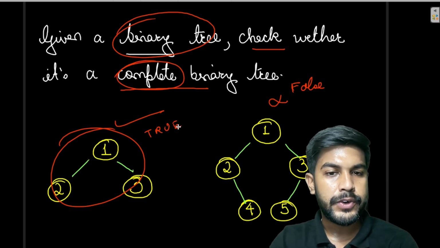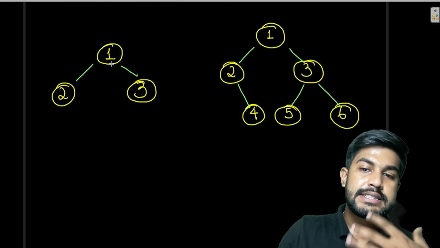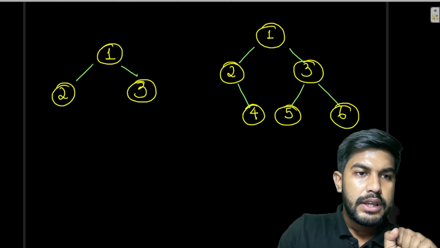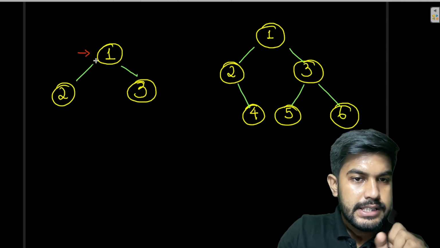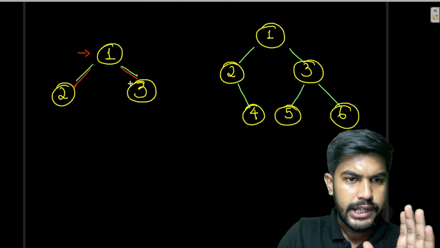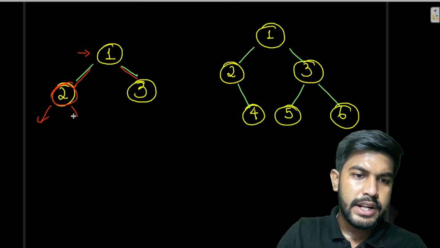Let us move forward. Now if you analyze the sample test case that is given, see, this node is complete. Why? Because it has left as well as right. This is also complete. Why? Because this is having a null.